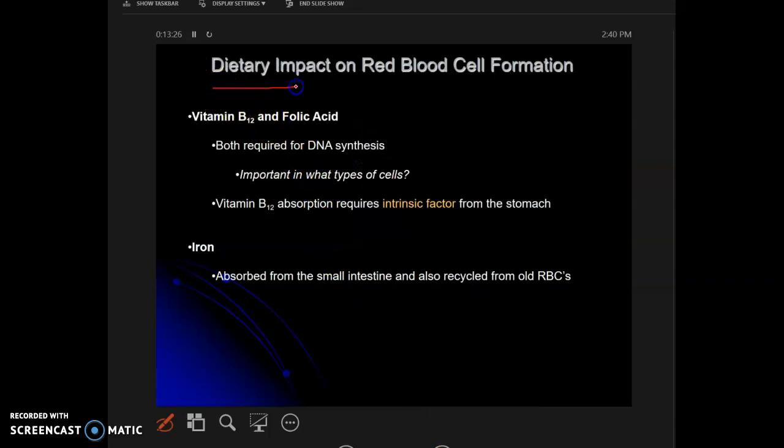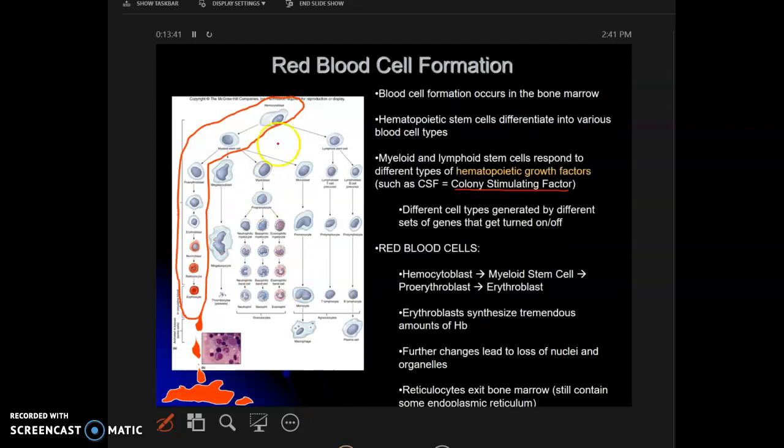What are the dietary impacts? You absolutely need B12 and folic acid. For what? DNA synthesis. If B12 and folic acid is low, you will be anemic. Why? Let's look. For a myeloblast to form erythrocyte, what you need is cell duplication. Yes, cell duplication means what?